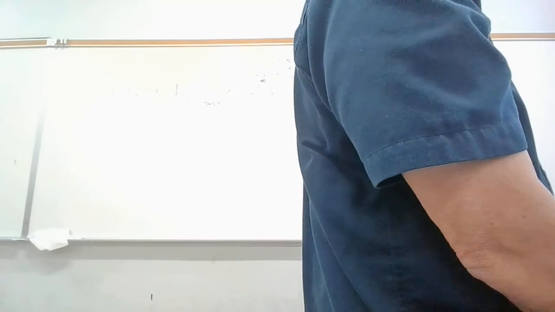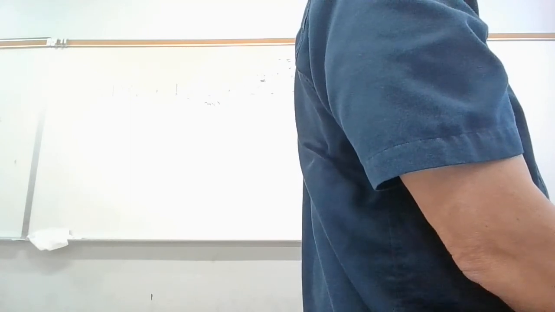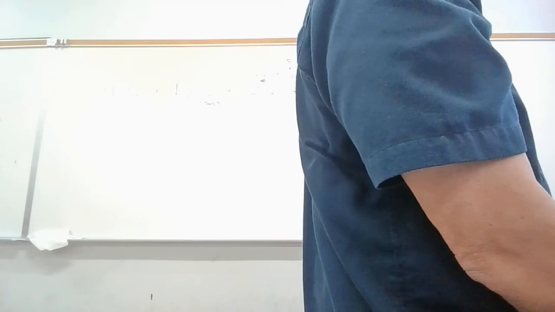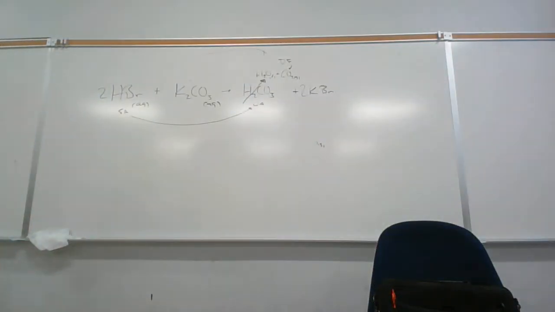Top to bottom, on the right side are the bases. It's a conjugate relationship. If you have a strong acid, you have a very weak conjugate base.